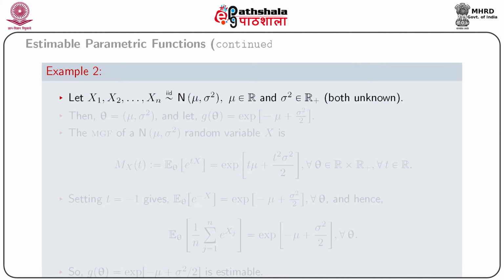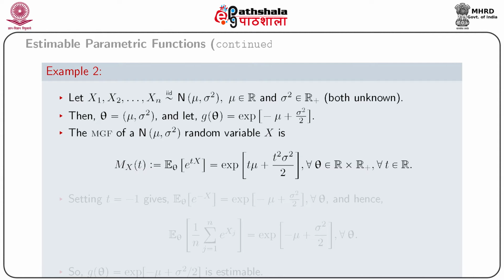Consider another example. Suppose X1, X2 up to Xn are IID normal mu, sigma square variables, where mu and sigma square are both unknown. Here theta is a vector valued parameter which is equal to mu comma sigma square. Let g theta equal e to the power minus mu plus sigma square by 2. We want to see whether g theta is estimable or not.